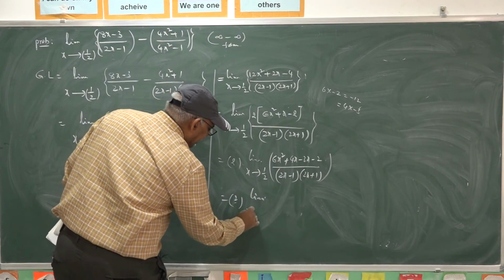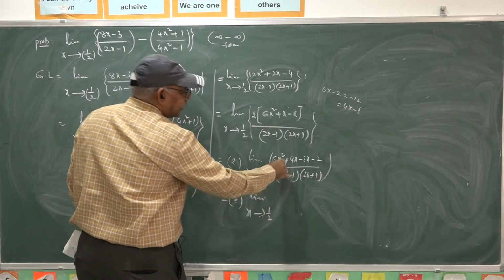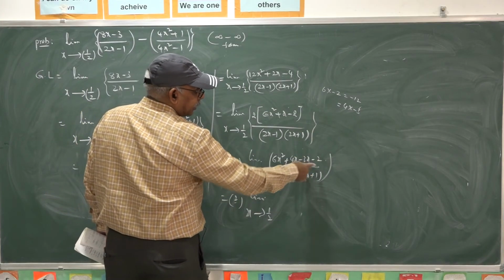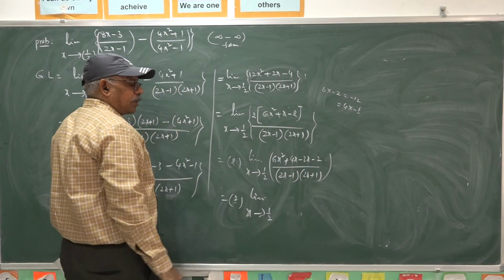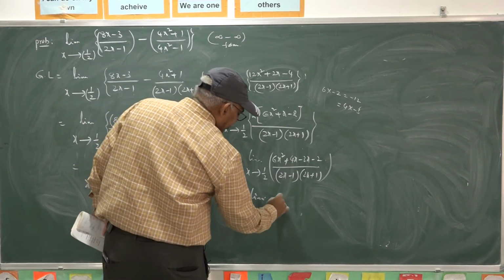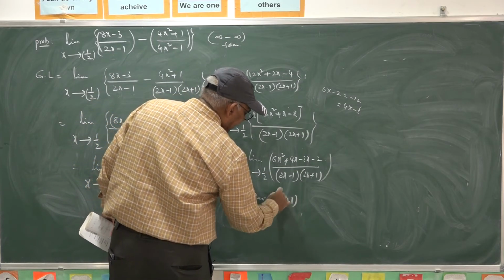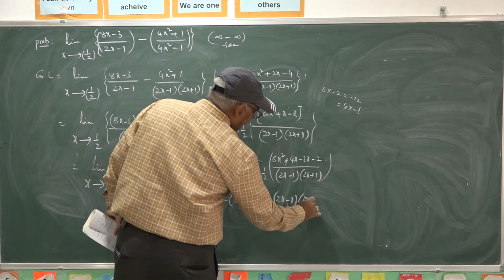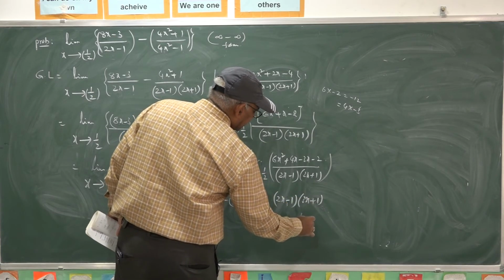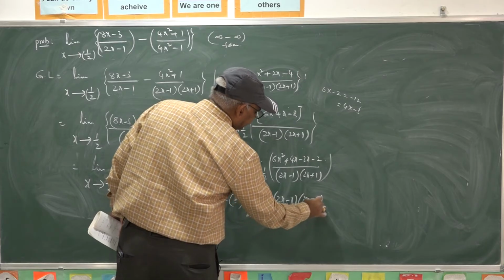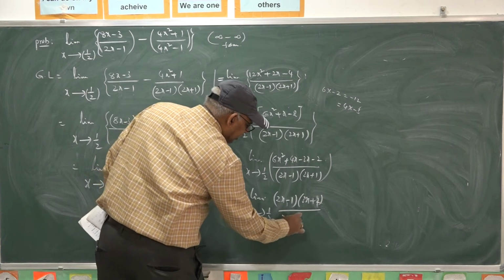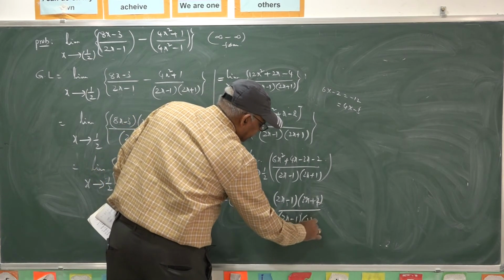Now you can write the numerator as, limit as x goes to 1 by 2, from the numerator taking 2x minus 1 common, (2x minus 1) into (3x plus 2), by (2x minus 1) into (2x plus 1).